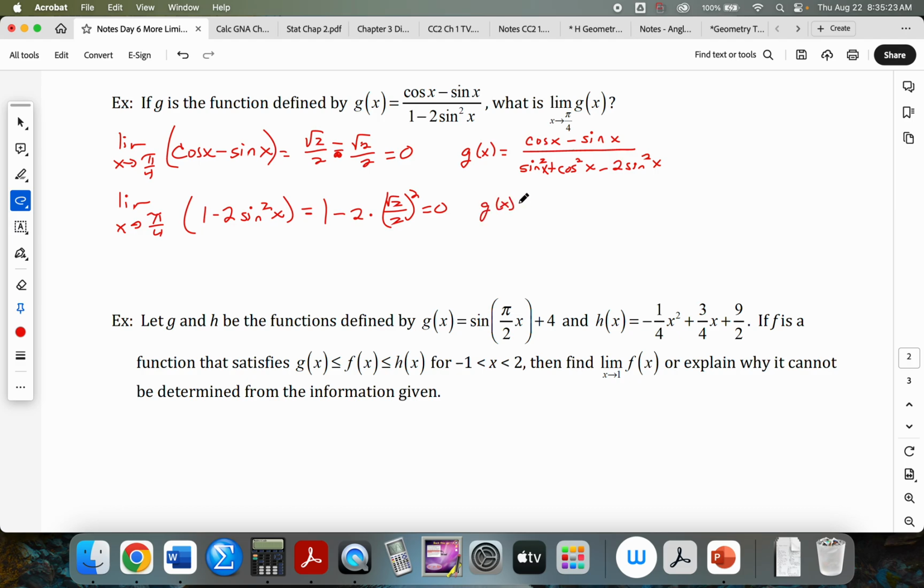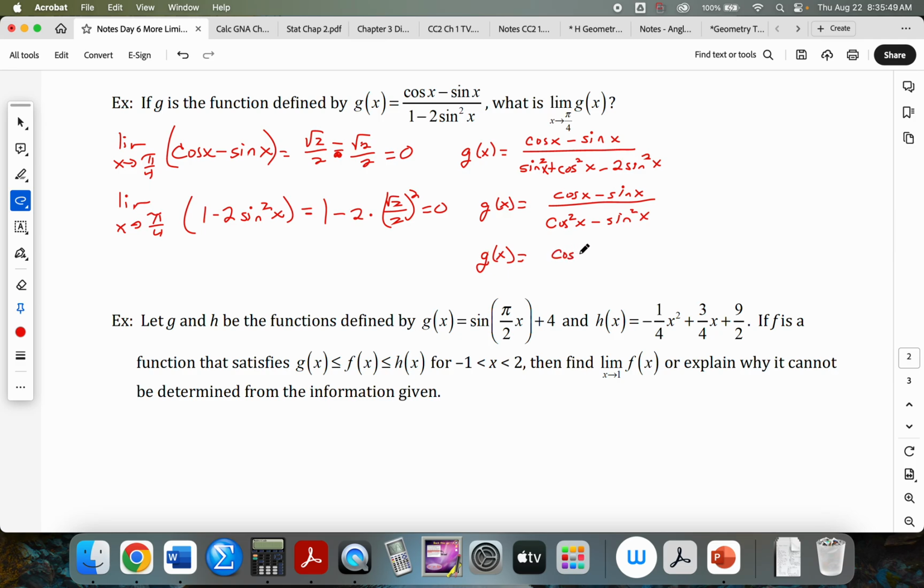So g of x is equal to cosine x minus sine x over cosine squared x minus sine squared x. Now I can factor the denominator and cancel, and life is good again.